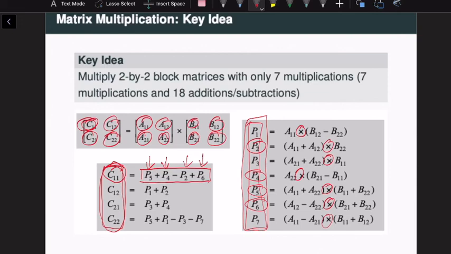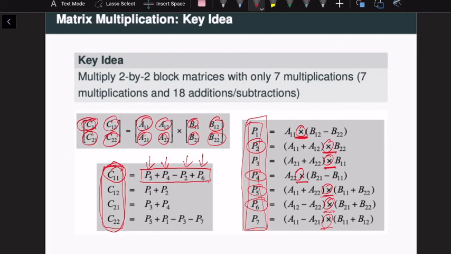Now, why is this important? Because to calculate these 7 pieces, all we have to do is 7 multiplications. And 7 multiplications is one less multiplication than what we had to do before, and that is promising.